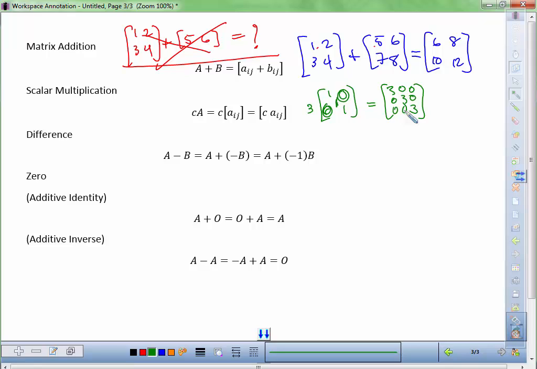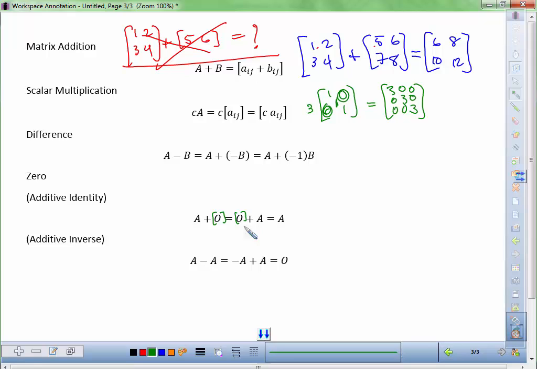The difference is just a formal way of writing it, but you just subtract. And we don't have to do that. The additive identity is the 0 matrix. I said my notation was going to have square brackets on the zeros, but I guess that's an O. No, it's 0. And the additive inverse is the same as the additive inverse for real numbers.